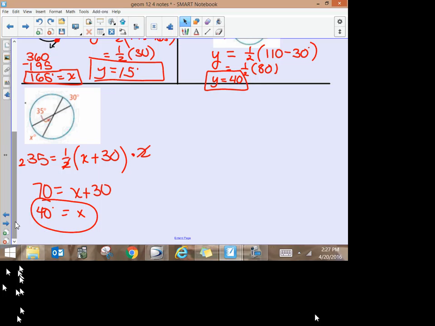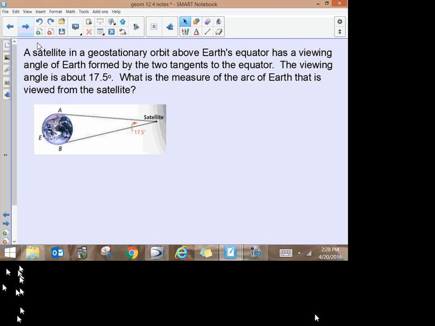All right. Next page, I think we have a little word problem about the earth. Go ahead and read that. What we're figuring out here is the measure of the arc that is viewed from the satellites. The 17.5 is that angle.